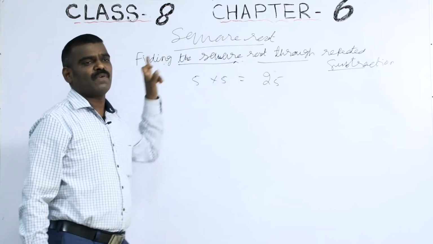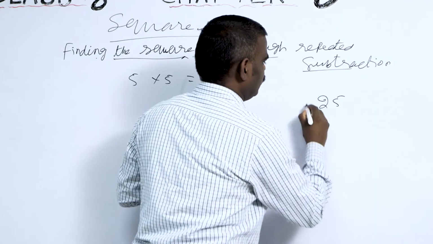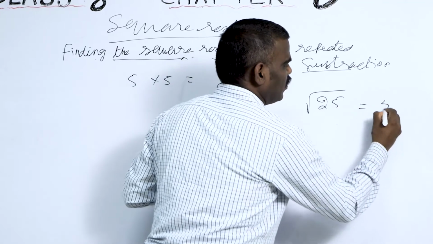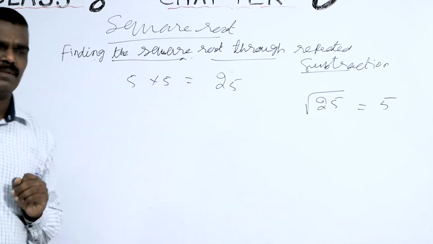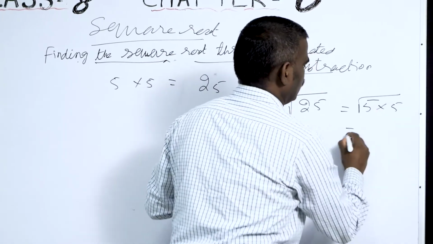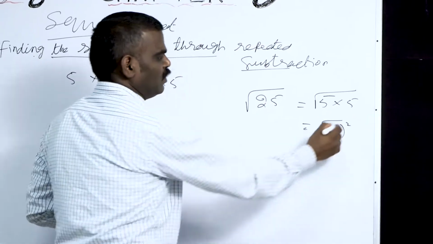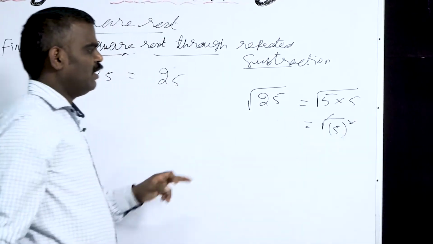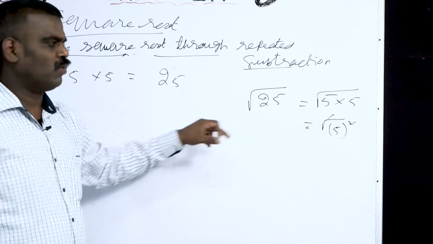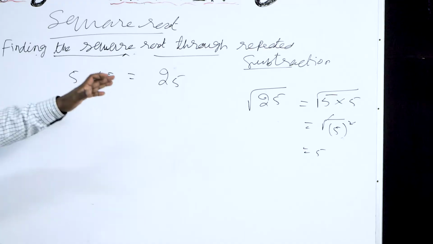Square root of 25 is how much? 5, because 5 into 5. 5, 2 times, so 5 square. The square and root cancel. The square is already there, so what will be the answer? 5 will be your answer. This is one method of doing.